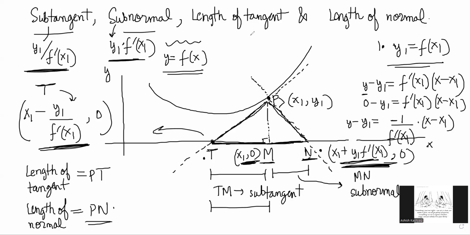I hope that is clear to everyone so far. Yes, sir. Also, remember that this angle theta, tan theta is what? Tan theta is the slope of the tangent line, so it is going to be f dash x1. So if f dash x1 is tan theta, and I know the length of MT, I can find the length PT directly, right?